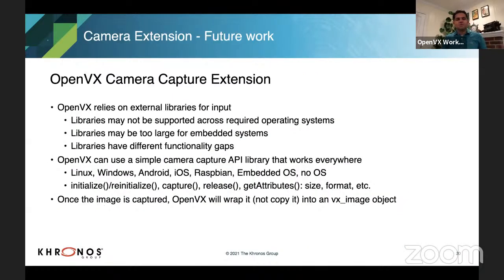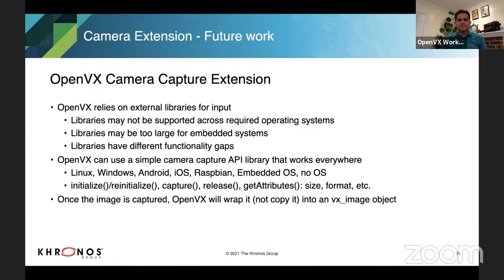So in terms of future work for camera extension, we are actually working on creating a reliable camera extension with OpenVX. As you have already recognized, if you're already using OpenVX, OpenVX relies on libraries not within the OpenVX API, but on the operating system it's running on or other platform to get access to the camera.